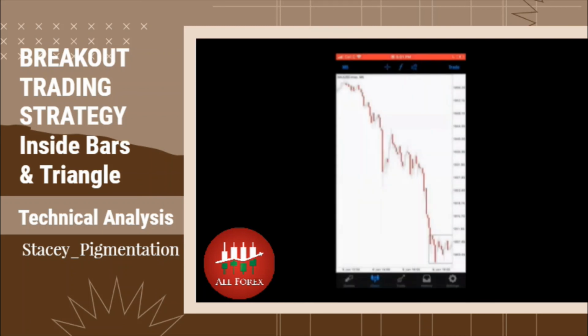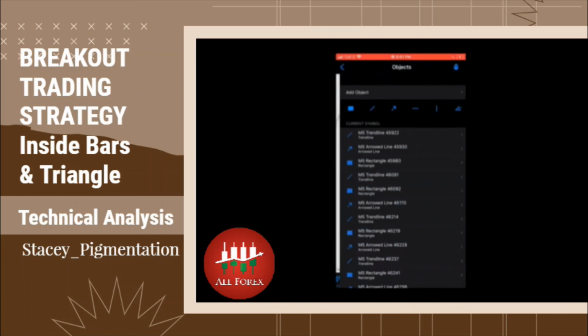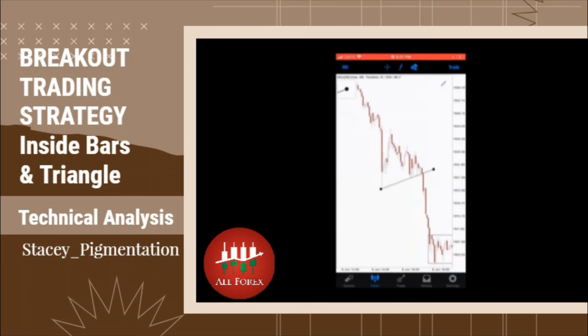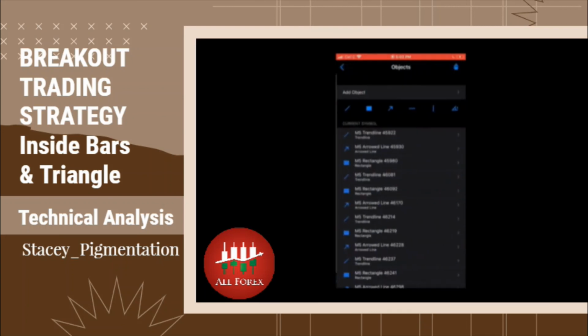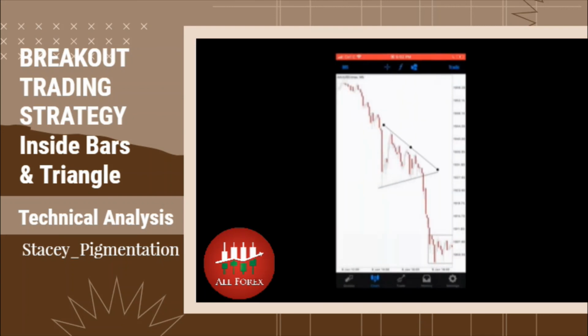They're not really easy to identify, but the more time you spend on the market, the more easily you identify triangles. Like this, I did identify a triangle over here. That's a triangle over there.